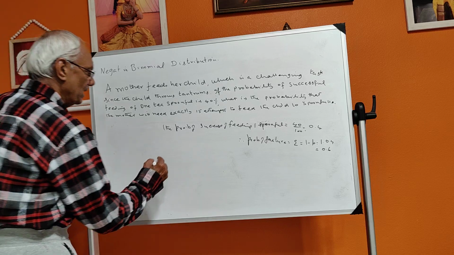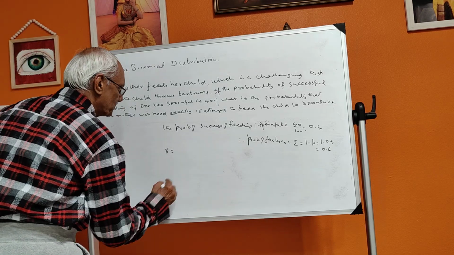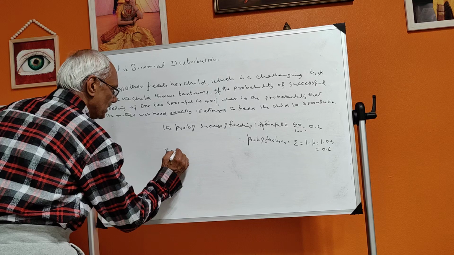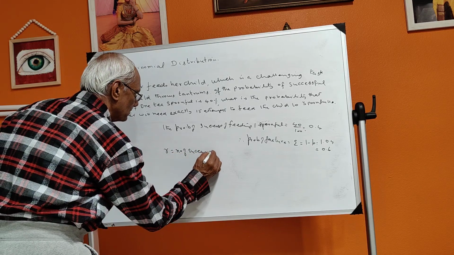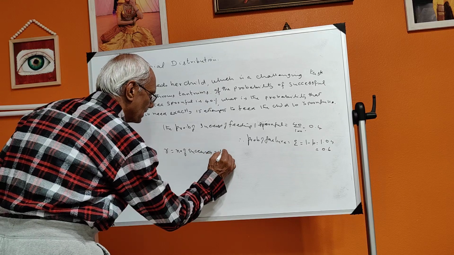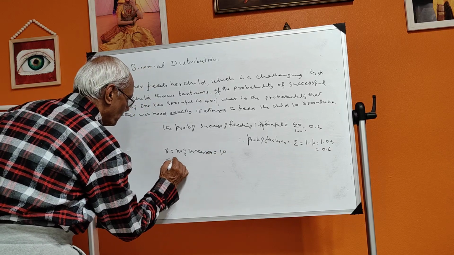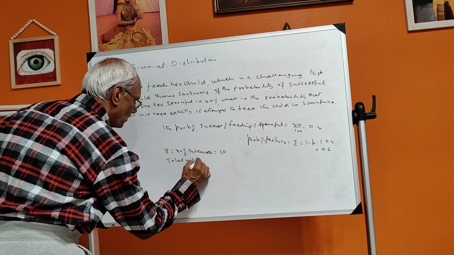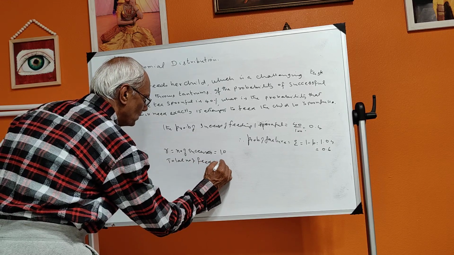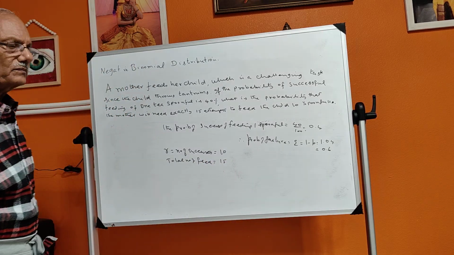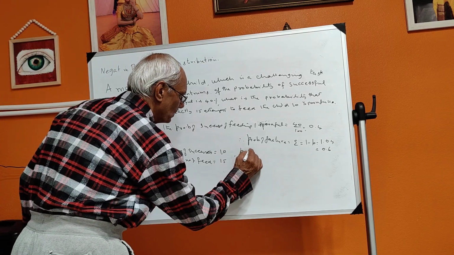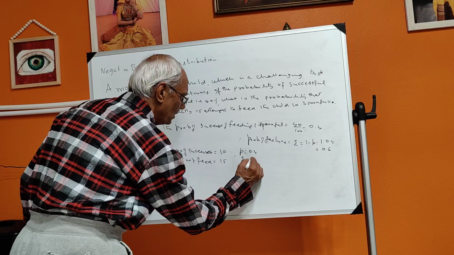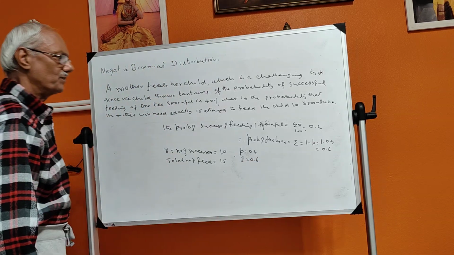Now, what is the specified number of successes? R is equal to the number of successes, which is equal to 10. The total number of feeds is equal to 15. And the known things are P equal to 0.4 and Q equal to 0.6.